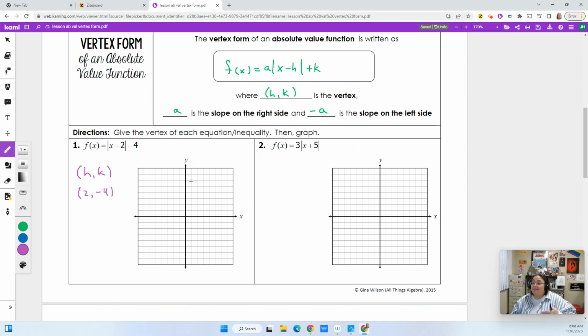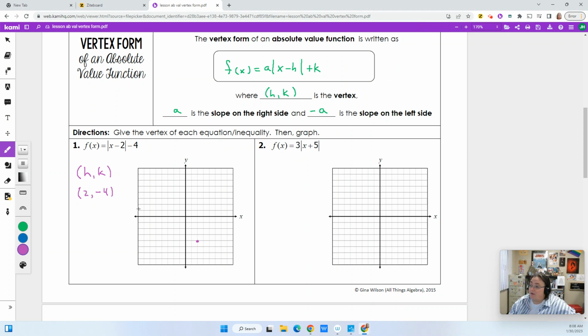And what that does is it gives us a starting point to pick for graphing these problems, right? If I have a point at x equals 2, -4, I know that this is the point that runs down the center. Everything else is symmetric on either side.